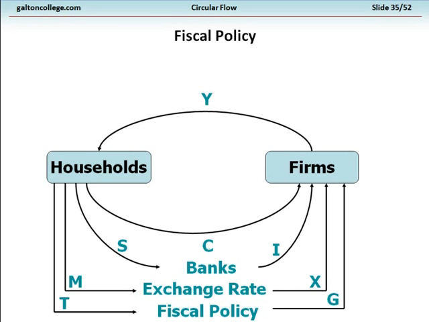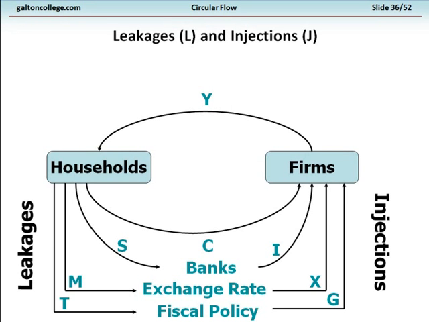So let's just have a quick overview of that. Here we've got leakages. The leakages are savings, S, imports, M, and taxation, T. And those balance with the injections, which are I, investment expenditure, X, export earnings, and G, government expenditure.